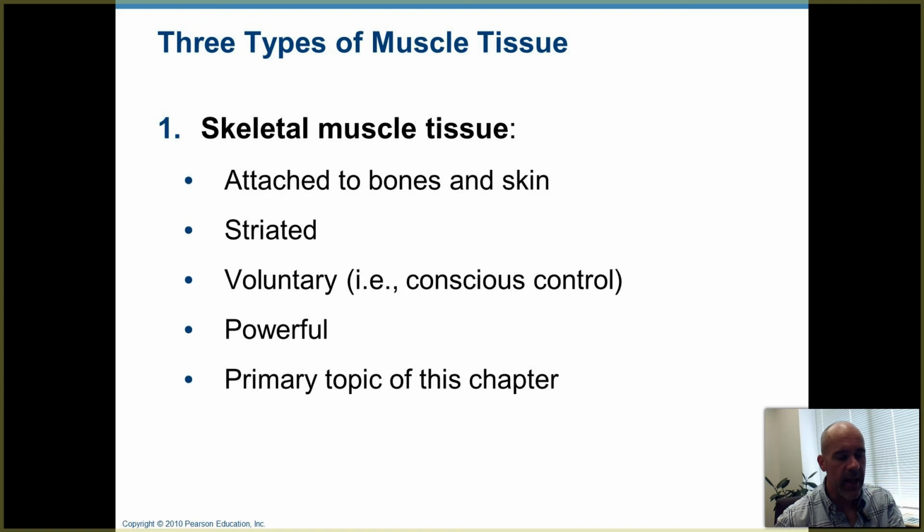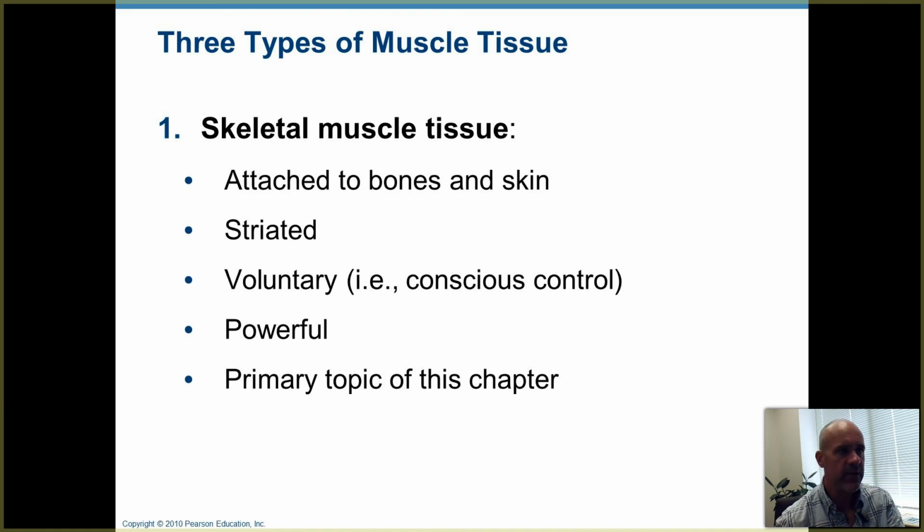Chapter 9, mainly we're going to be focusing in on the skeletal muscles, and the reason for that is your cardiac muscles you're going to hear a whole lot more about when you take the second semester of A&P, and then smooth muscle, that comes into play more also in the second semester of A&P as you study things like how your blood vessel walls contract and contractions that take place within the digestive system.